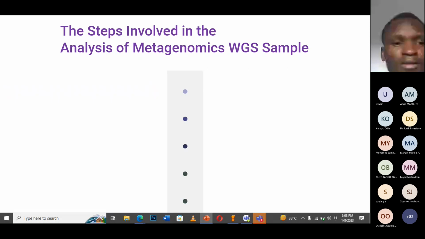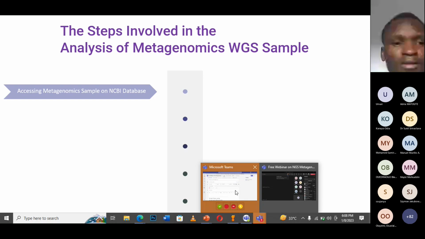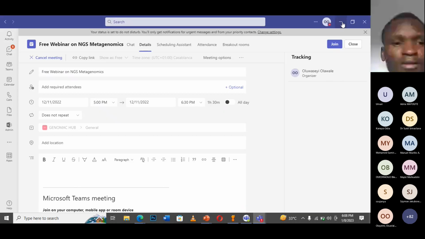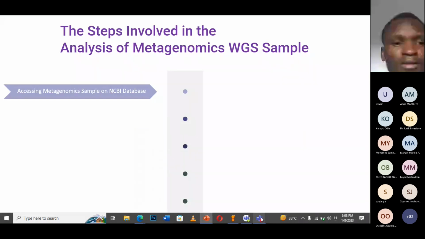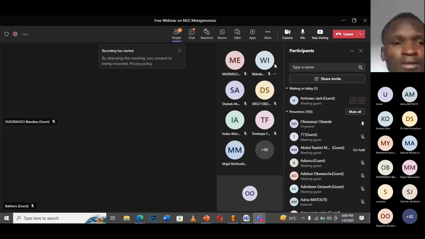So the first step whenever you want to carry out your analysis is assessing metagenomic samples on the NCBI database.